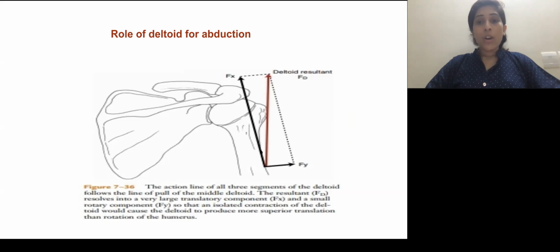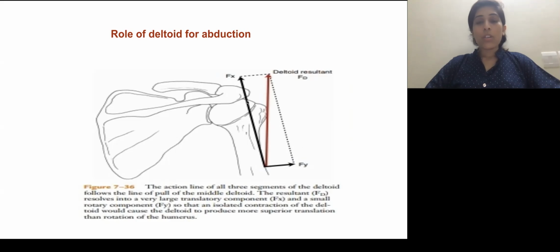Along with this, if we want rotational motion, then this Fx should be compensated. If Fx is more compared to the compressive force, it produces more shear type of force, so it may hinder the abduction motion.